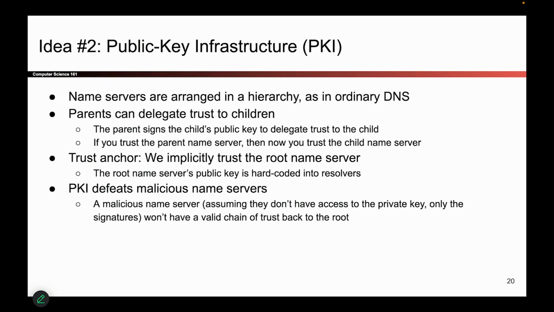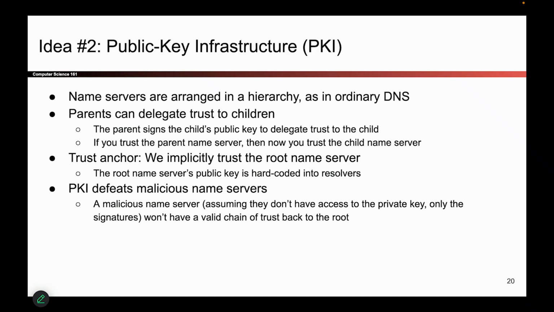And at the very top of the tree, we have the root name server. Remember, with certificates, because you're signing other people's public key to spread trust to them, the trust has to start from somewhere. And in DNSSEC, the trust starts from the root name server. And the way that we encode trust from the root name server is to hard code their public key into all the resolvers.